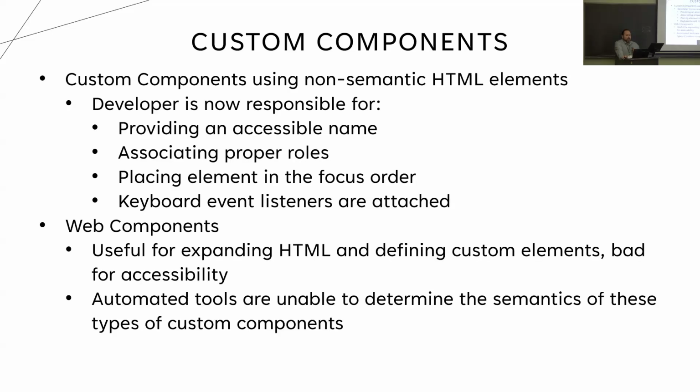But there's also another way to extend HTML, and that's through custom web components. You can set up and define a custom component. We see this a lot with things like Salesforce, where it's not server-side rendering. It actually gets pushed out to the browser in the HTML, and you'll see something like lightning button.